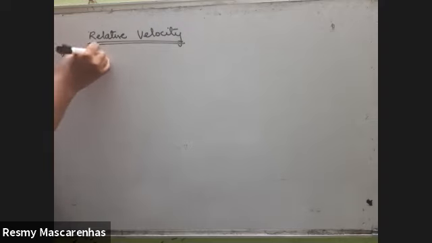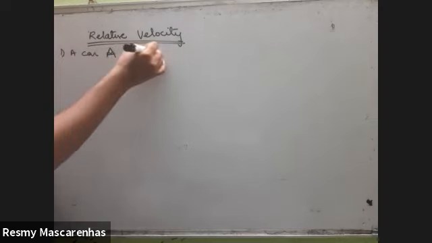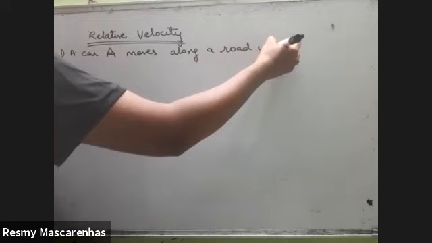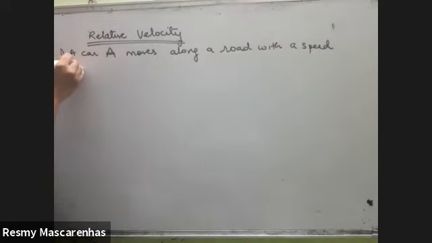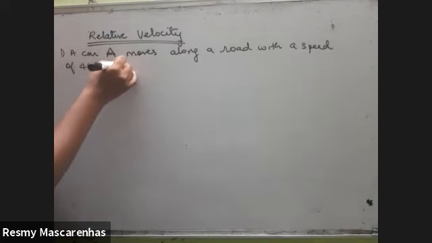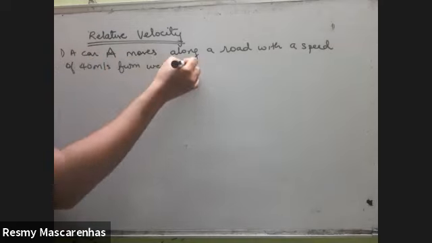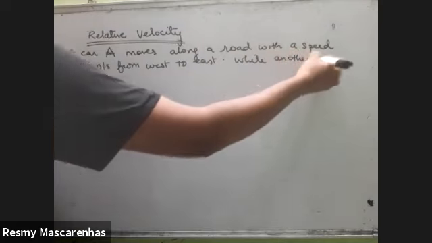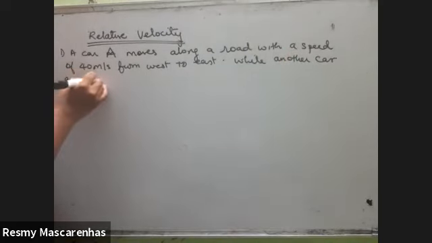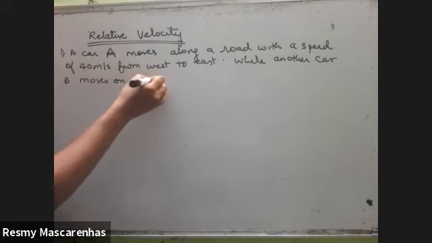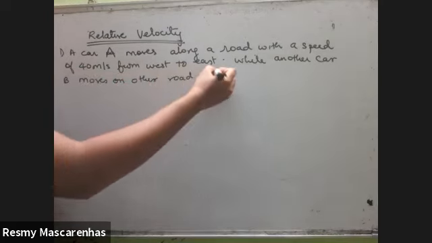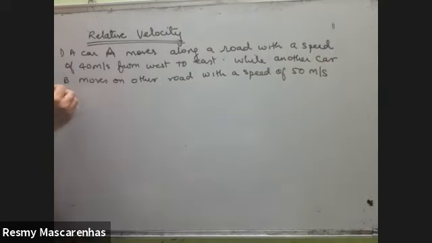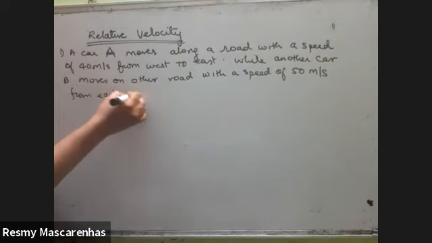The first one: a car A moves along a road with a speed of 40 meters per second from west to east, while another car B moves on another road with a speed of 50 meters per second from east to west.